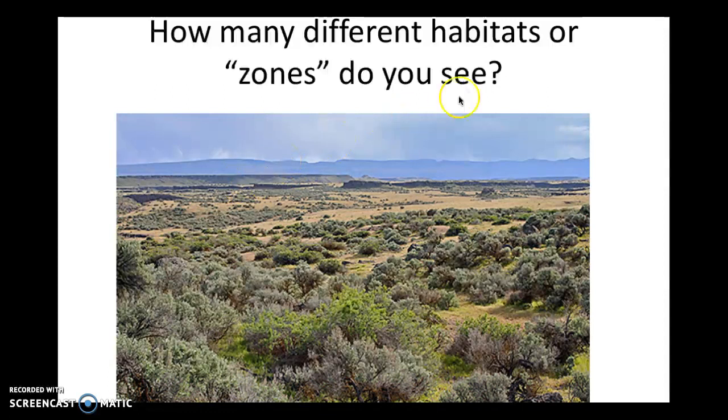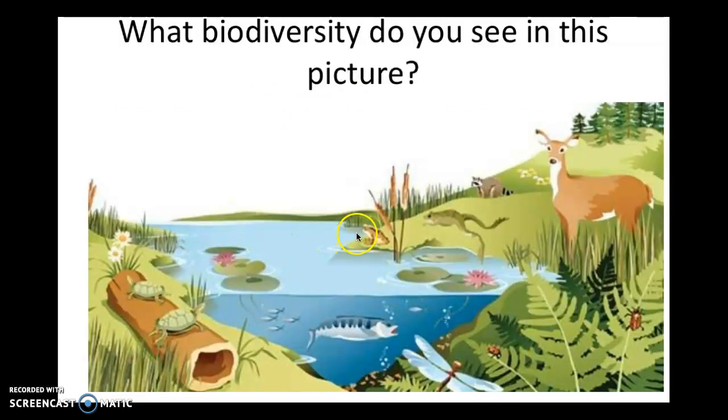So there's many different places where things can live. So one way to think about biodiversity is where different organisms can set up camp and have their home, where they raise their babies, where they hunt. This picture, which doesn't look like it's anything special, really shows a lot of biodiversity when it comes to different habitats or zones.